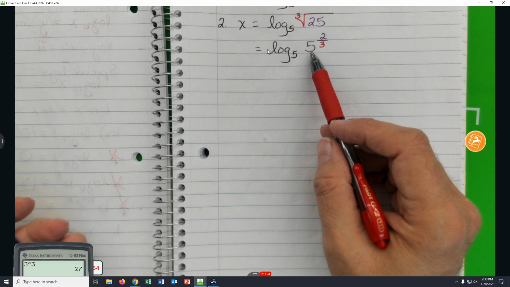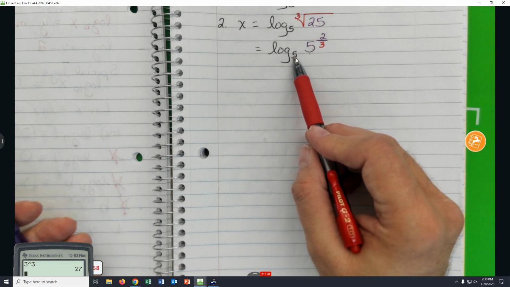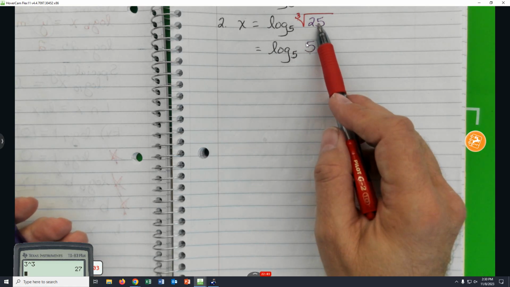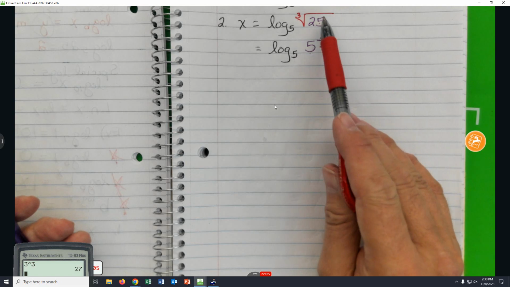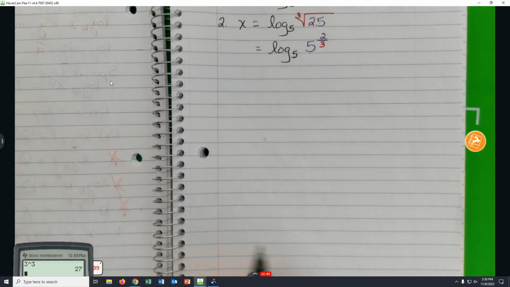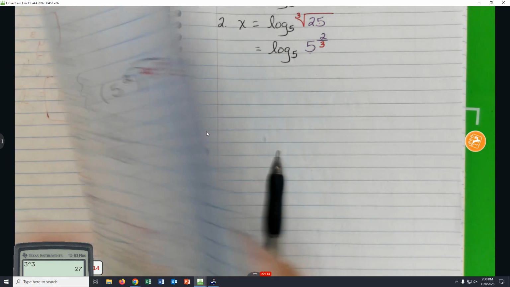We know we need a 5 here to cancel out that log base 5 there. So you do whatever it takes to rewrite that step. The argument is 5 to the power. So you follow the logic. Look back at that problem from the last time, the one with the fractional exponent.